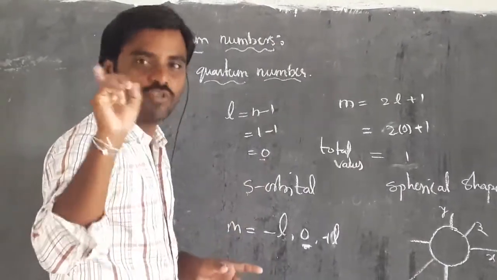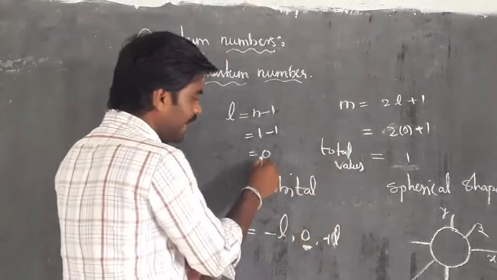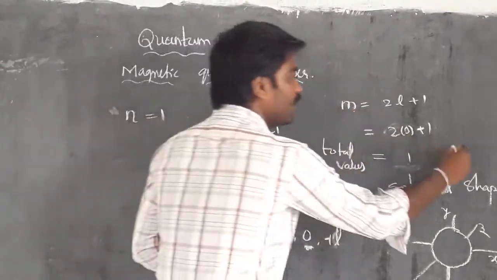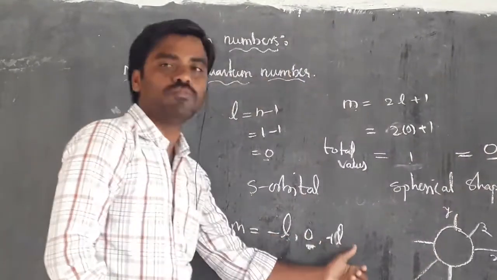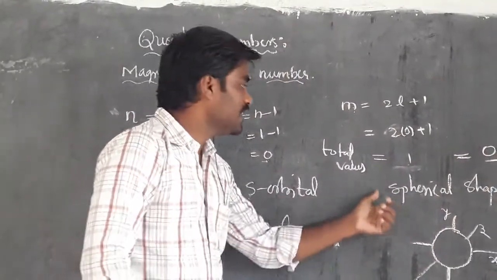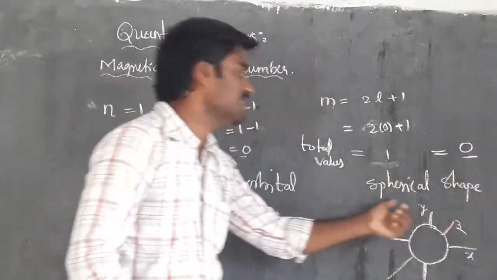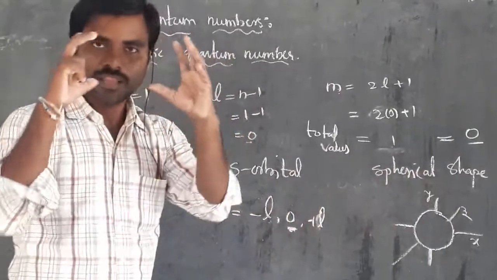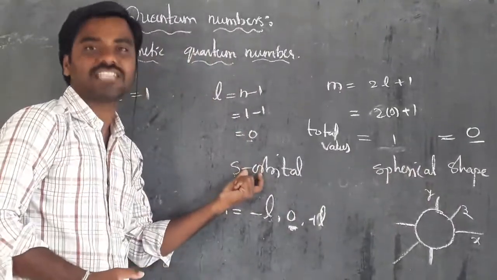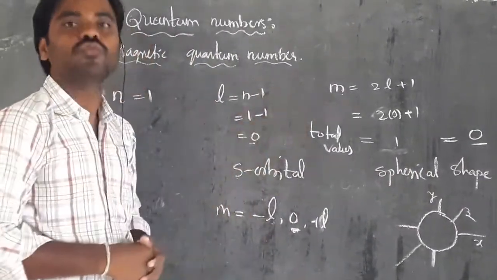Only 0 is present. So when l is 0, the m value is 0, with no negative values and no positive values. Further, the orbital shape is spherical. So the spherical shape is for what? The S orbital. Like this we have to find out.